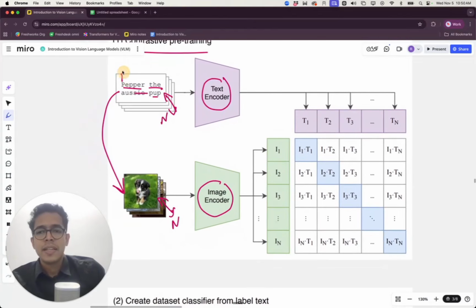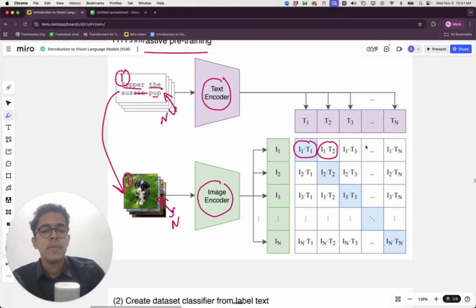If the first item here and the first item in this set of images are a caption and image pair, then the similarity between I1 and T1 should be very high, and similarity between I1 and T2 should be very low. Similarity between I1 and T3 should be low. I1 and Tn should be low. If we are talking about cosine similarity, and let's assume for a moment that these are normalized vectors, then I1 dot T1 should be as close to 1 as possible.